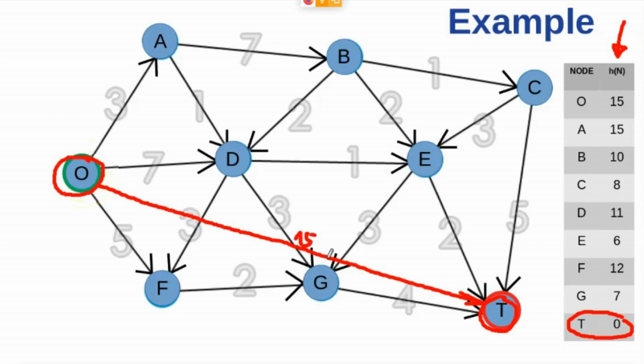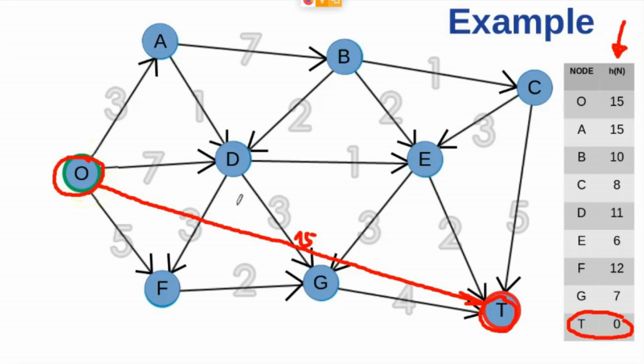It's an underestimation of how much it costs to go from O to T. That's the general idea. It's only an estimation. In order to be optimal, it should be an underestimation, so it should be smaller than the real cost when going from O to T, right?